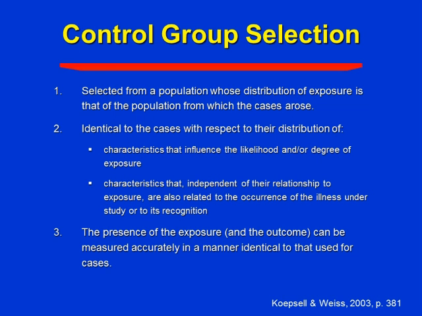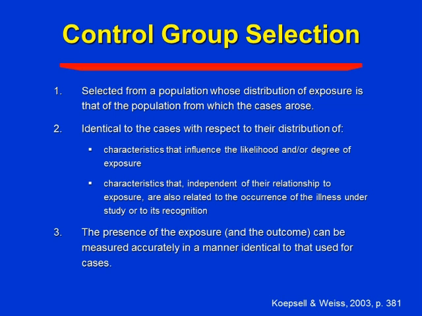Controls need to be identical to cases with respect to their distribution of characteristics that influence the likelihood or degree of exposure, and characteristics that, independent of their relationship to exposure, are also related to the occurrence of illness under study or to recognizing that illness.